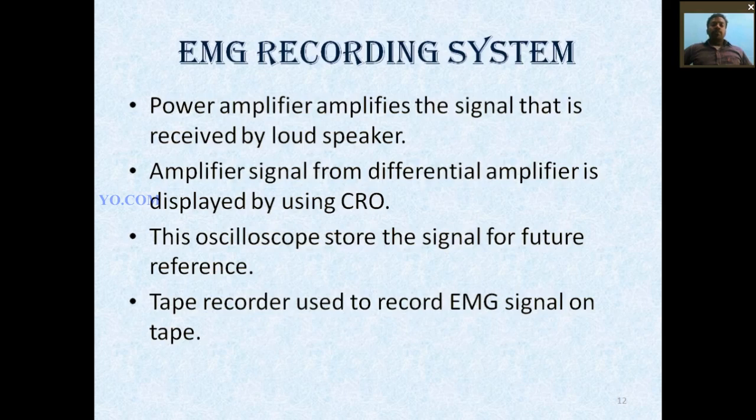The amplified signal from the differential amplifier is displayed by using a CRO, and a digital storage oscilloscope displays the signal and at the same time stores it for future reference. The tape recorder is used to record the EMG signal on tape, for further reference. So these are the different recording methods used in EMG measurement.